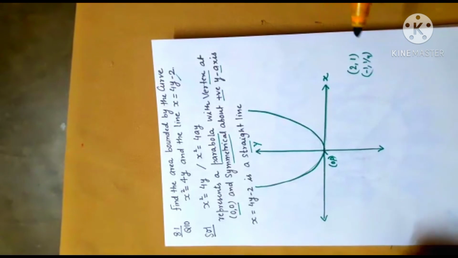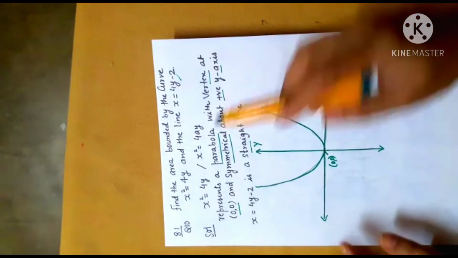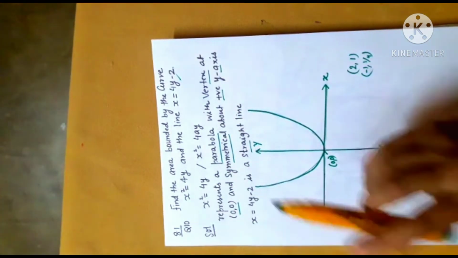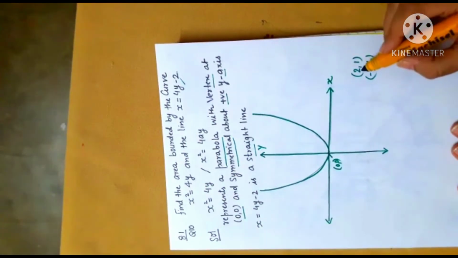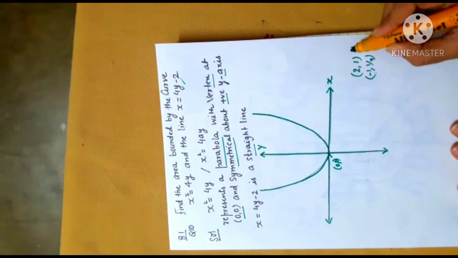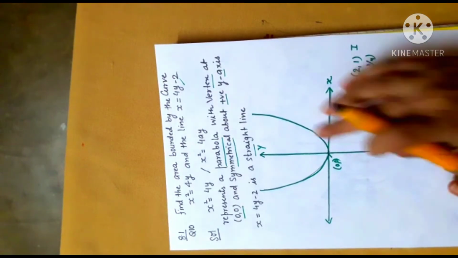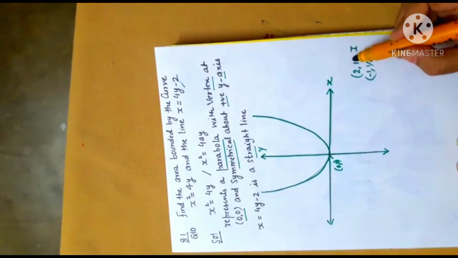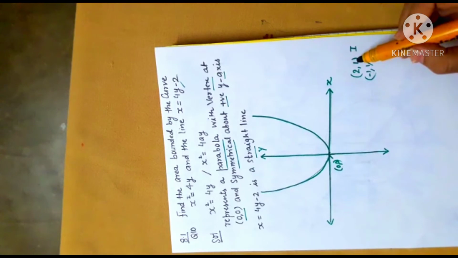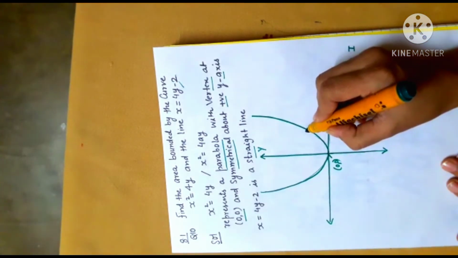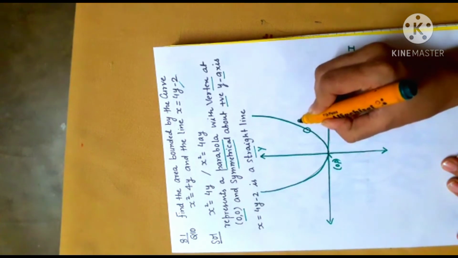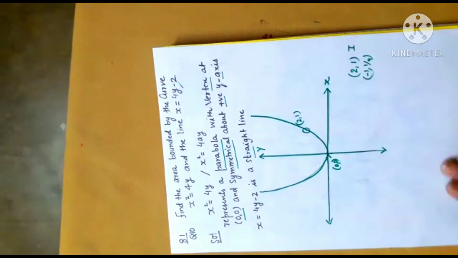So there are 2 points of intersection of the parabola and the line. One point is 2, 1. It will lie in the first quadrant. So in the first quadrant, this is the point of intersection of the line and the parabola. This point will lie on both the parabola and the line. So let this be the point 2, 1.